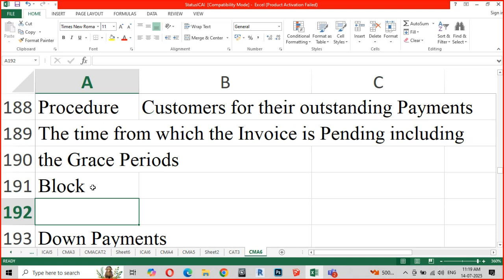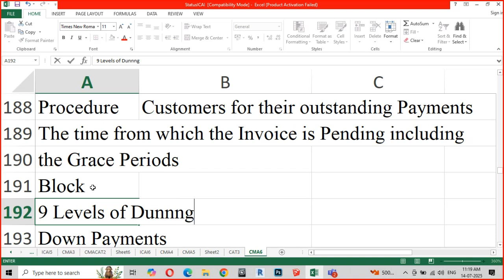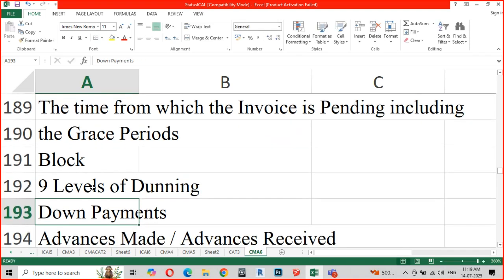And we also read in the study content that SAP allows you a maximum of 9 levels of dunning. What is 9 levels of dunning?